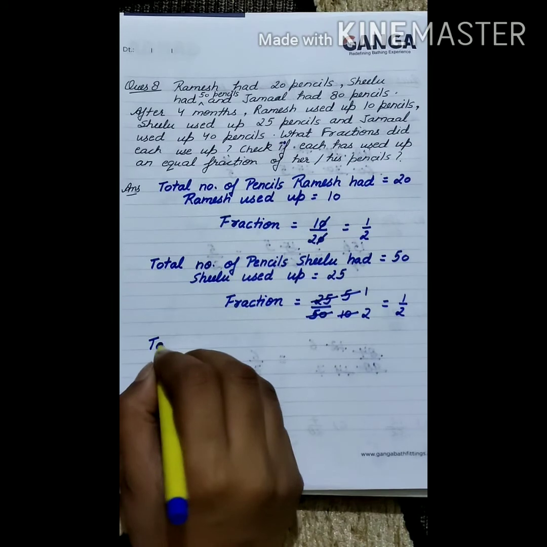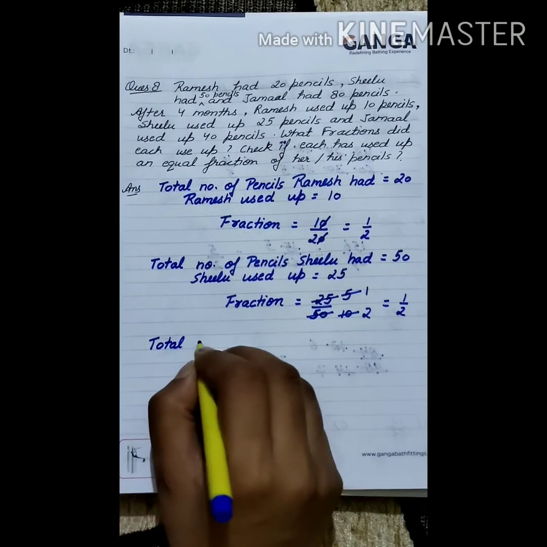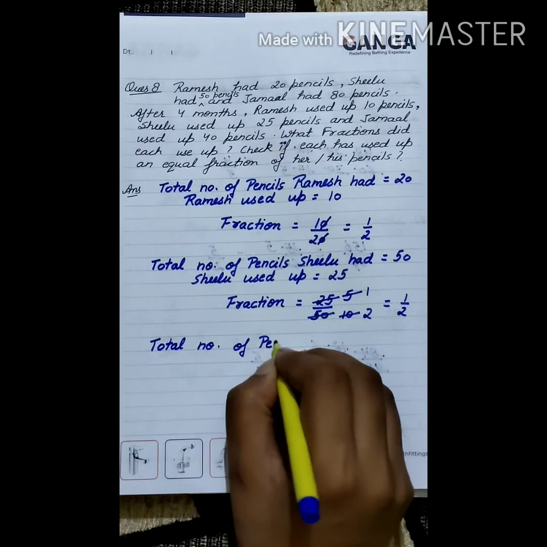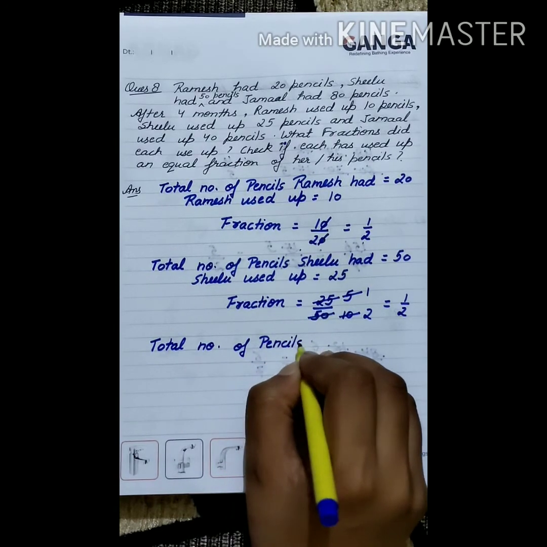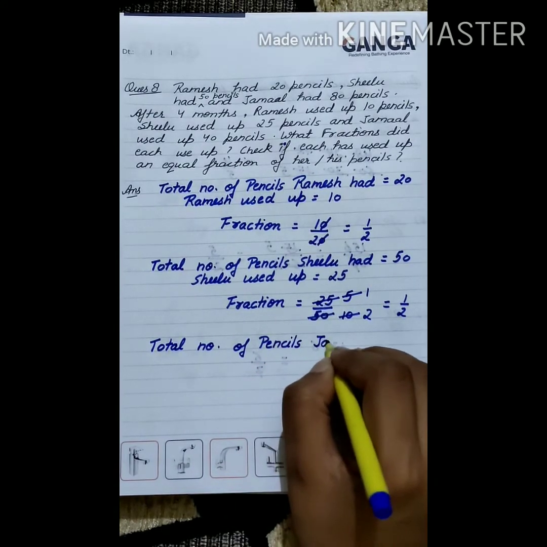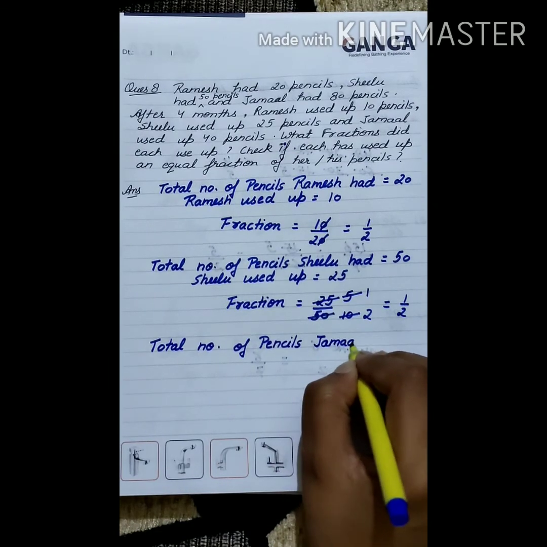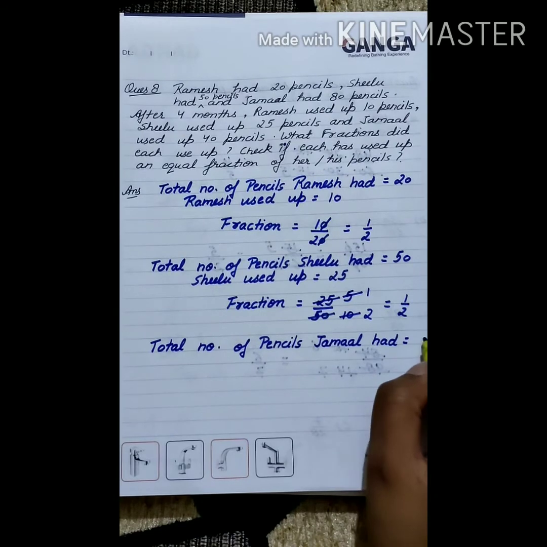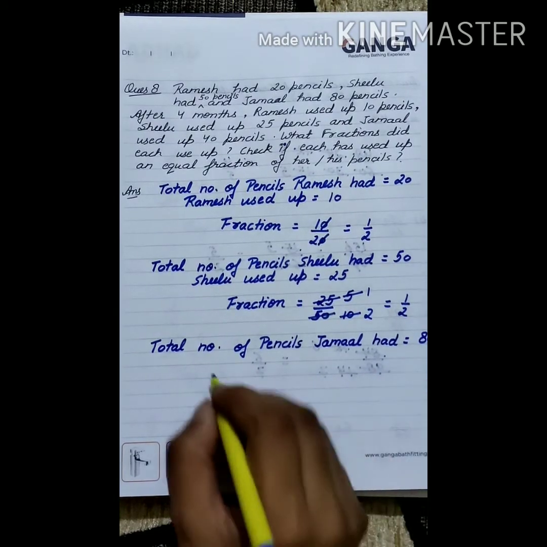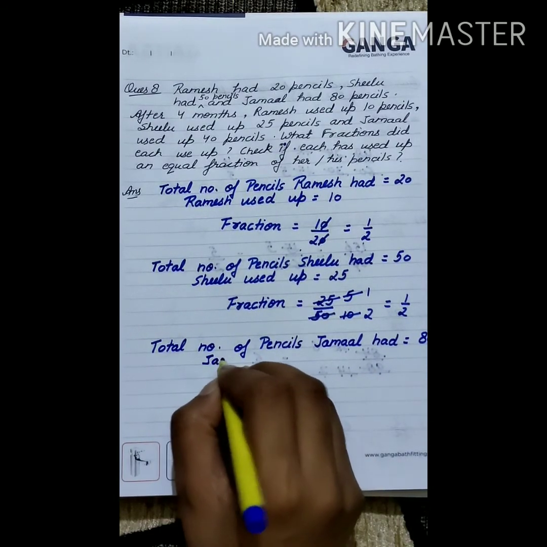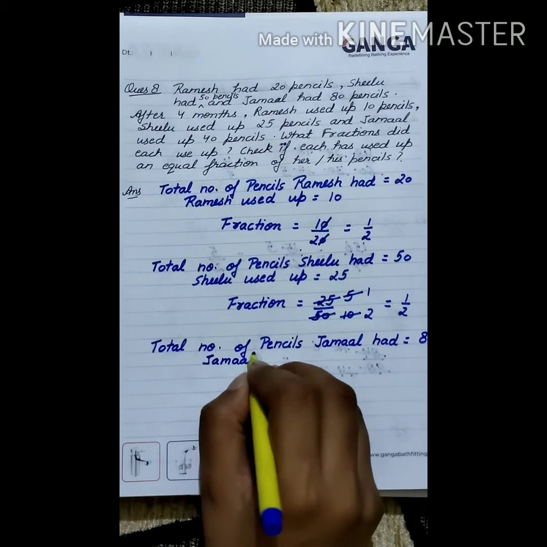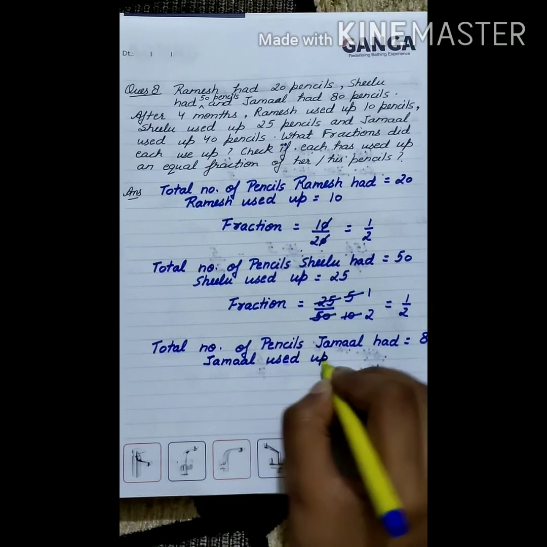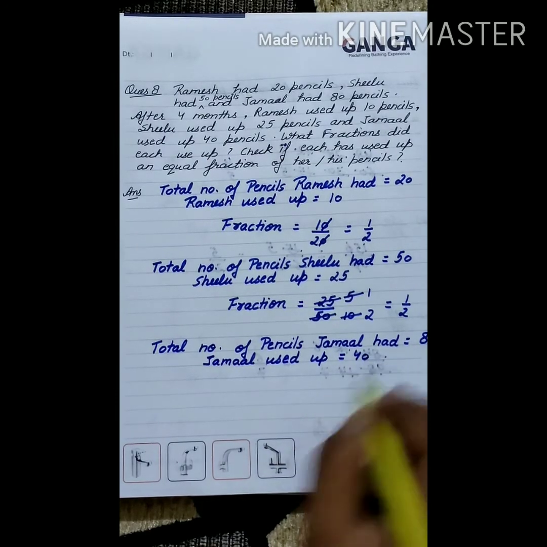Third, total number of pencils Jamal had. He had 80 pencils and Jamal used up 40 pencils.